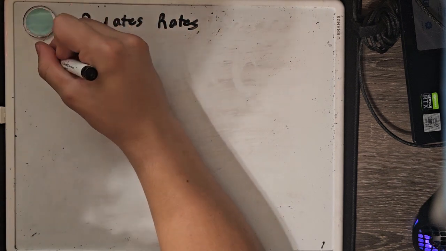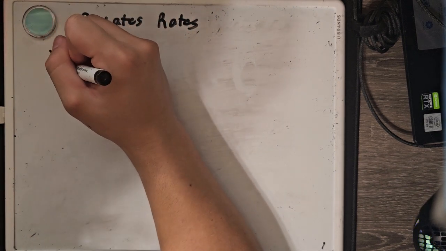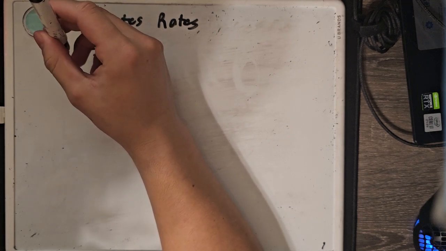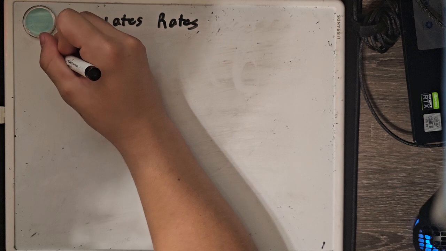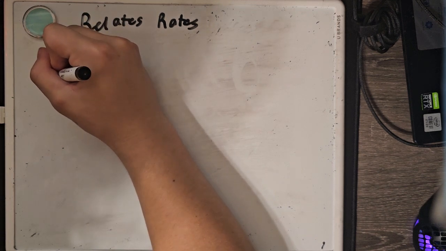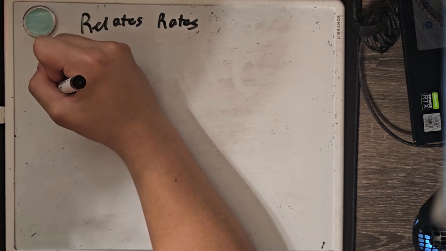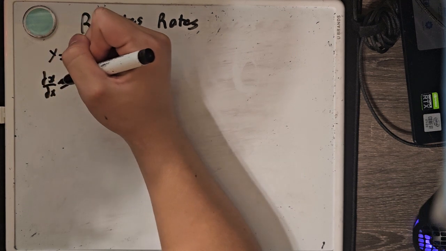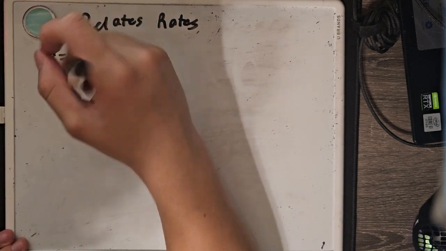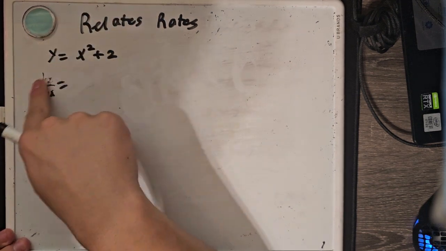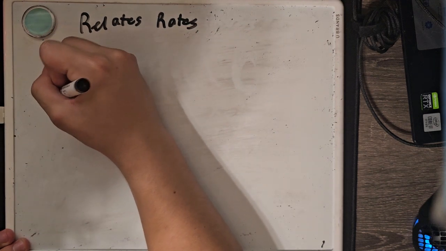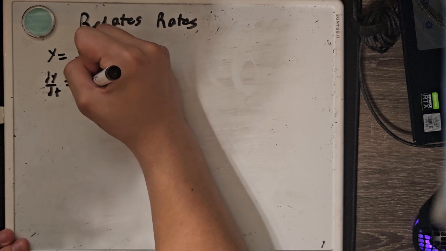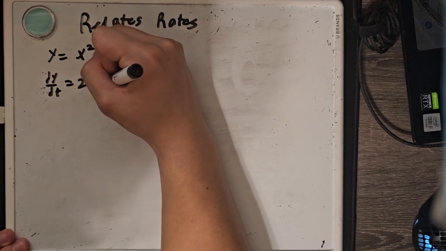When doing related rates, you use the chain rule like you do in implicit differentiation with every variable. So dy/dx, or if this is done with respect to time, it would end up being dy/dt equals 2x dx/dt.